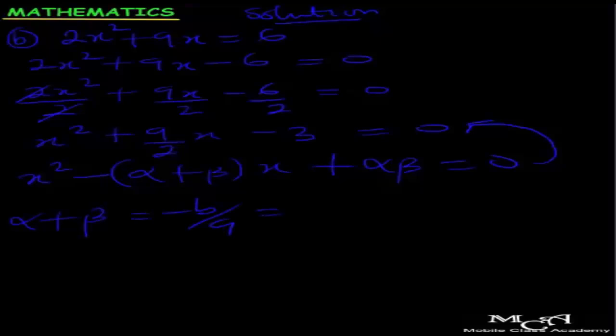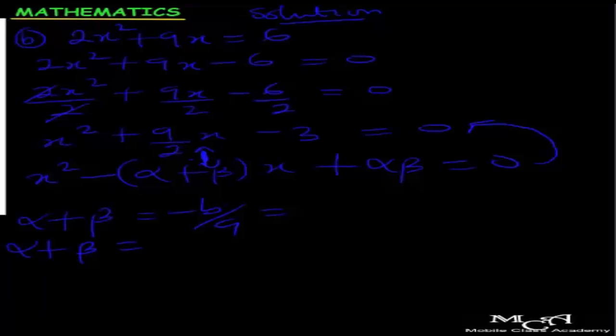If you compare these two things, your sum of the roots, alpha plus beta, is 9 over 2, which is equal to minus b over a.